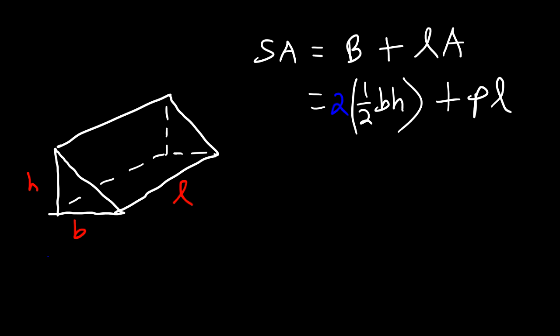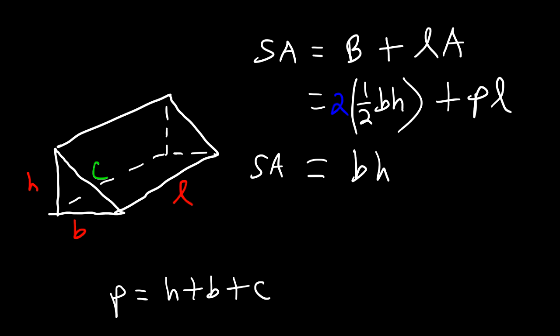The perimeter of the base is the perimeter of the triangle. So it's that length in blue. Let's call the hypotenuse of the triangle C. So the perimeter is going to be H plus B plus C. So therefore, here's your simplified equation that you need. The surface area is going to be the base times the height. 2 times 1/2 is basically 1, so you can cancel it, plus the perimeter times the length of the prism, where the perimeter is just h plus b plus c.